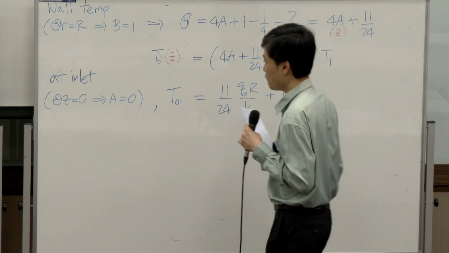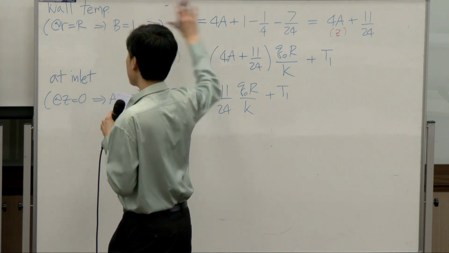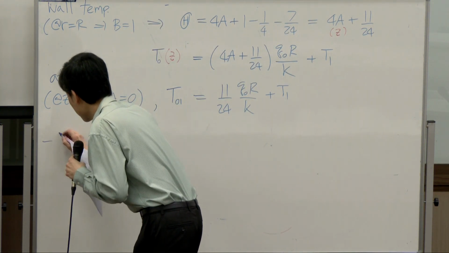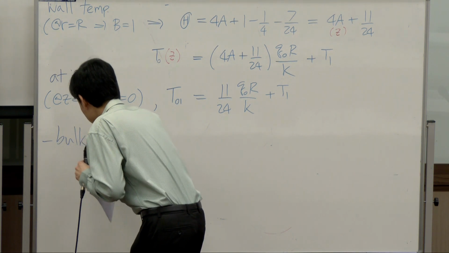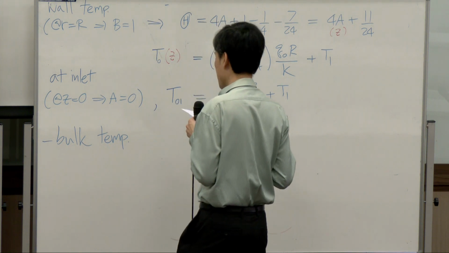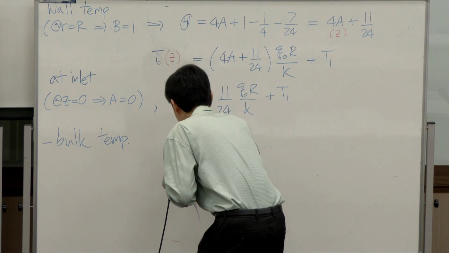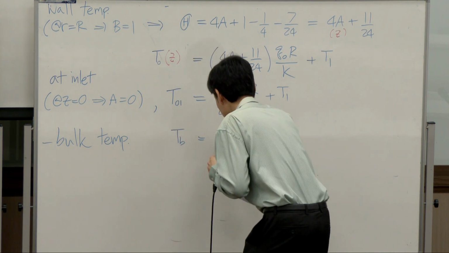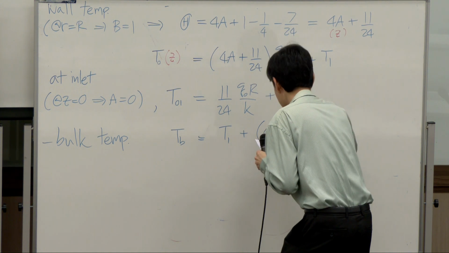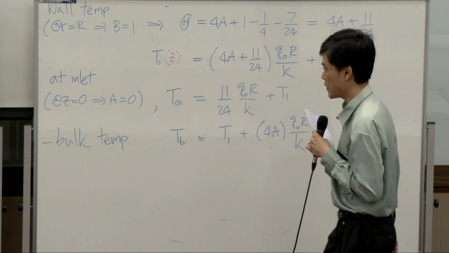And then we know that if you check the bulk temperature equation, we already found it. TB would equal T1 plus 4a Q0 R over K. Okay?